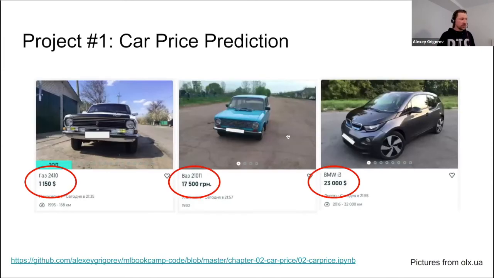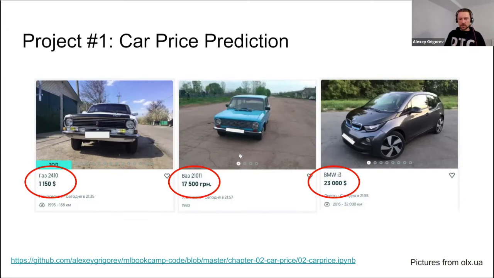So the first project that you can build is a system for predicting the price of a car. So let's say you have a bunch of cars. This is actually a picture from OLX, the company where I work. There we have a section of cars, and all the cars have prices. So you can build a model that looks at different characteristics of a car: the model, the make, the mileage, the age of a car.